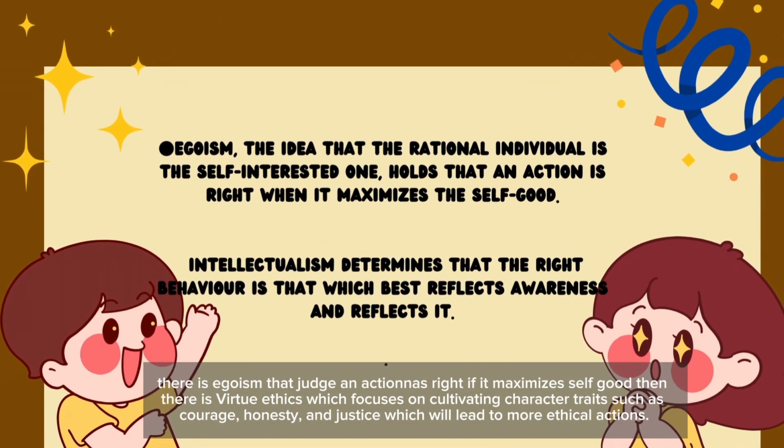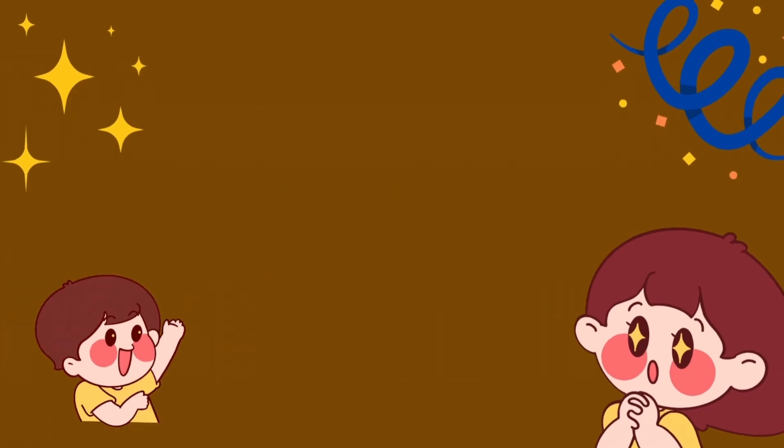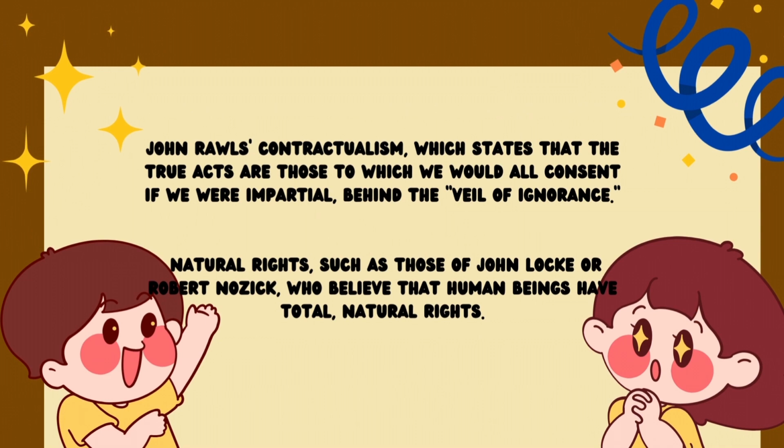There are three main types of normative ethical theories: consequentialism, deontology, and virtue ethics. Again, consequentialism is the view that whether an action is morally right or wrong depends on its consequences. If it causes more happiness than unhappiness, then it's a morally correct decision. However, if it does not cause more happiness than unhappiness, then it's a morally incorrect decision.